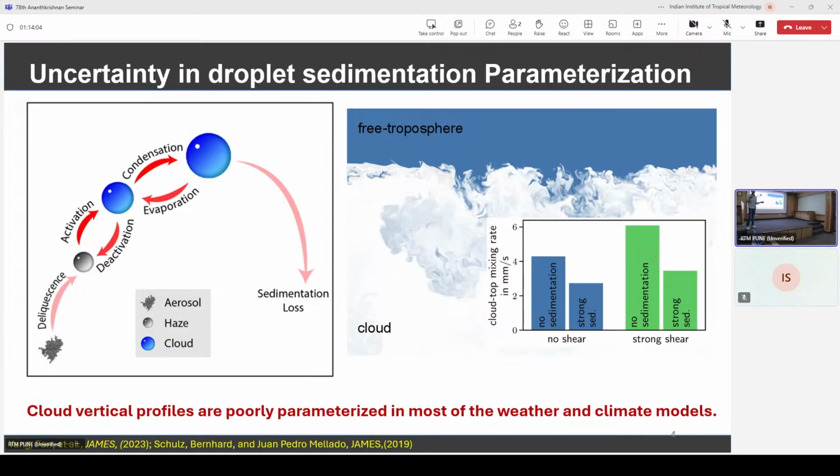As far as I know, from the literature survey, they consider that all droplets fall at the same terminal velocity. That is not logical, but it is a simplified version because the climate model is already computationally very intensive. But this study highlights that when we account for size-based sorting, they can reduce some uncertainty in the cloud top.